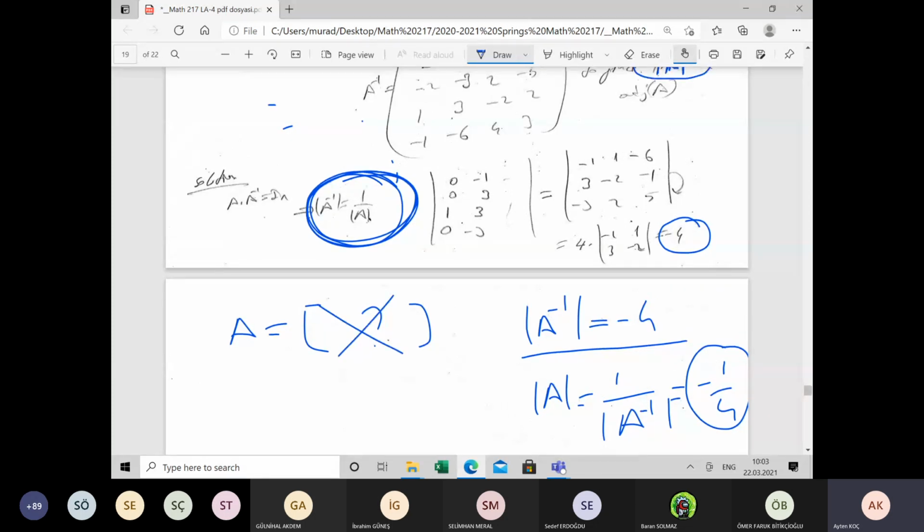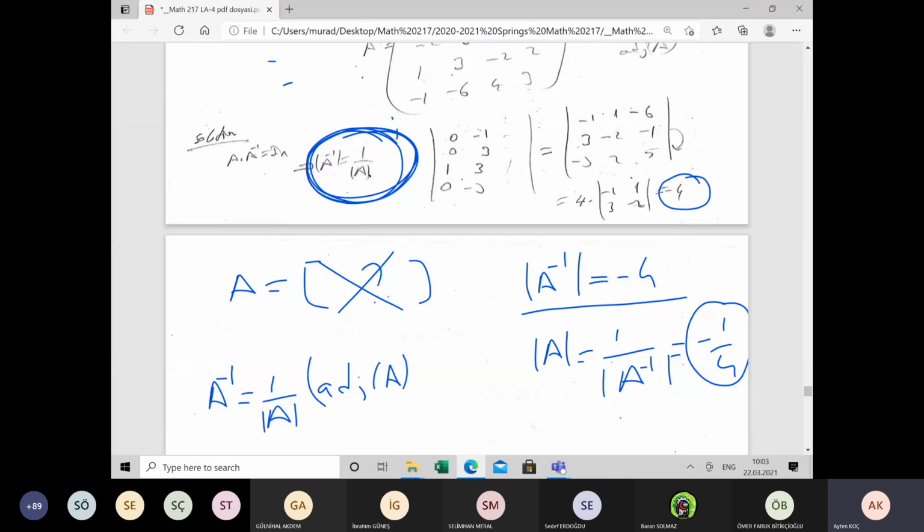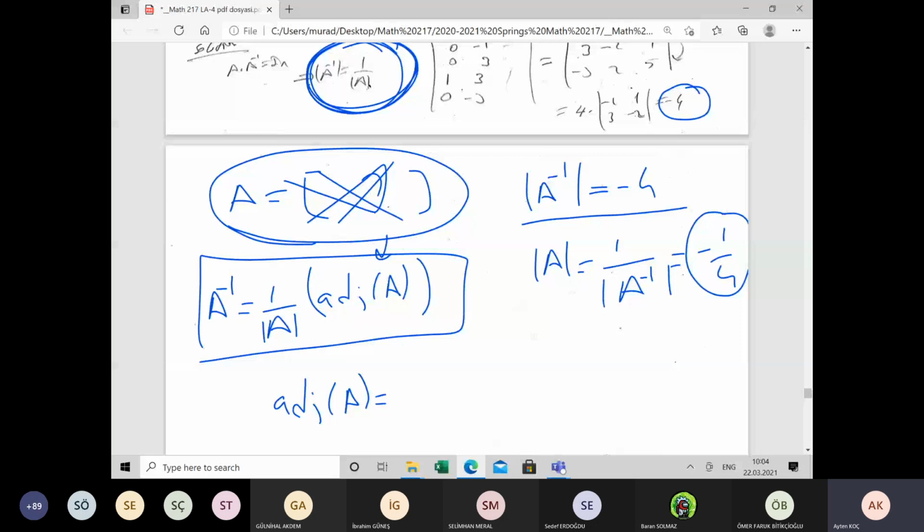And you don't have to compute A. So how to find the adjoint matrix? We know the inverse matrix is 1 over the determinant of A times the adjoint matrix. Computing A and then the adjoint is not useful. Use this formula and solve for the adjoint matrix of A: it is the determinant of A times the inverse.